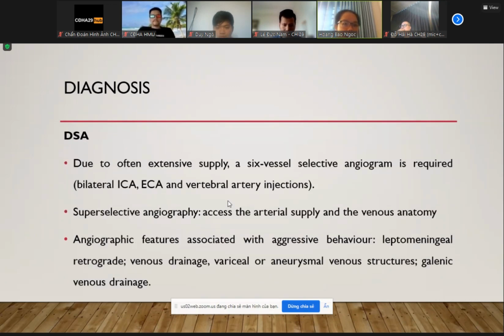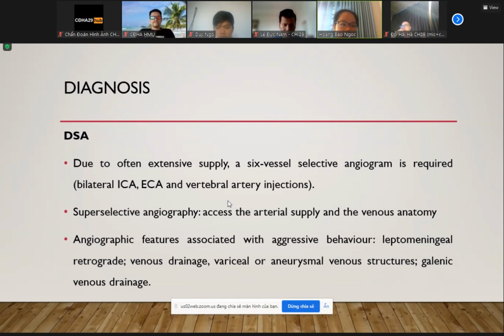For DSA, due to the often extensive supply, a 6-vessel selective angiogram is required in this case, including bilateral internal carotid arteries, external carotid artery, and vertebral artery injections.